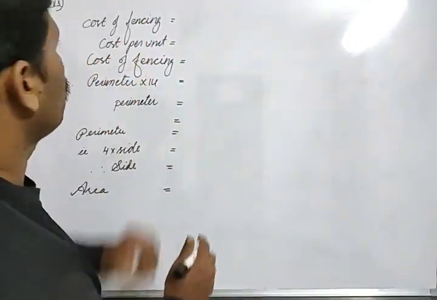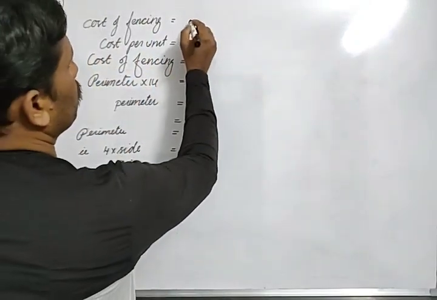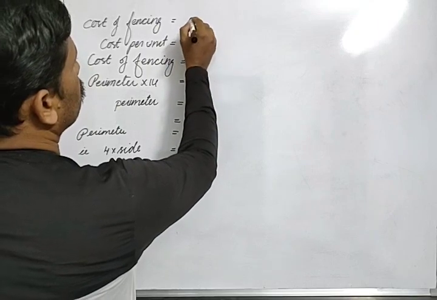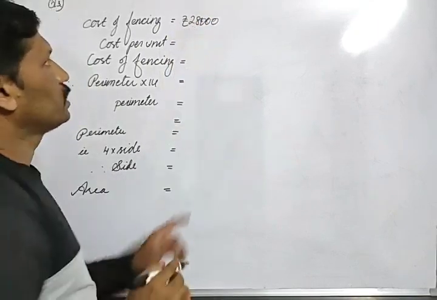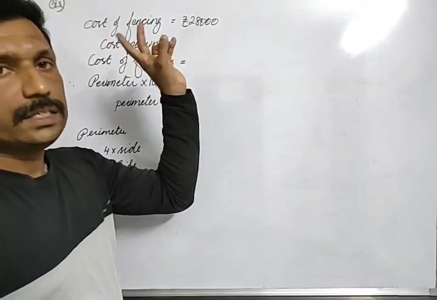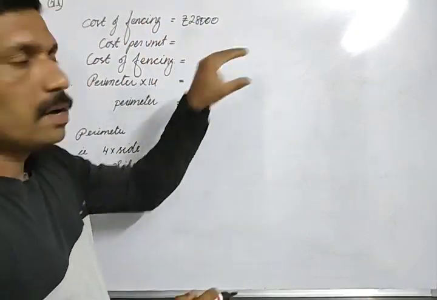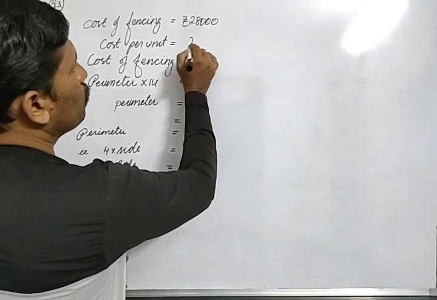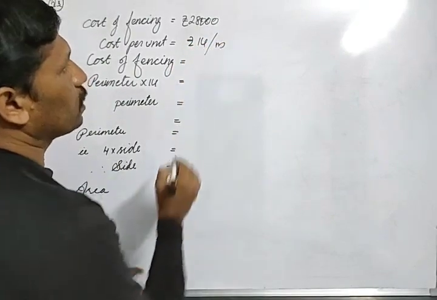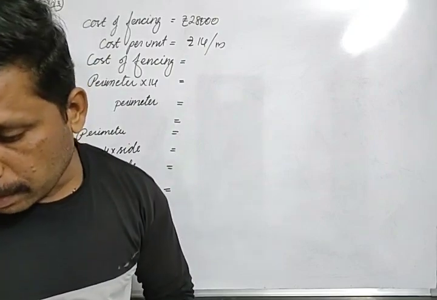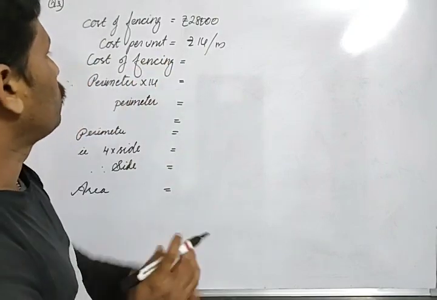So let us see that the cost of fencing that field is equal to 28,000 rupees. This is the total cost of fencing. So cost per unit is 1 meter, rupees 14 per meter. 1 meter 14 rupees, that is the cost per unit.